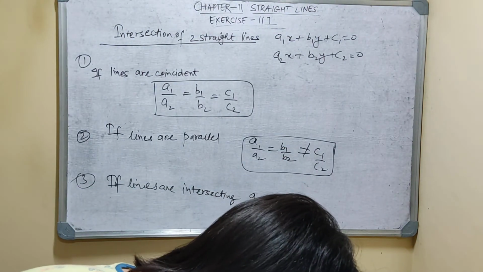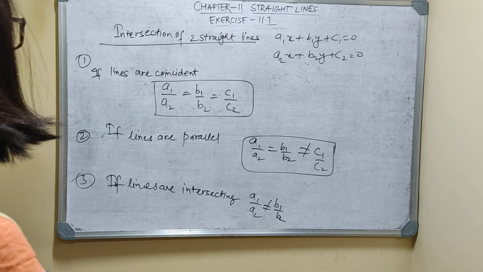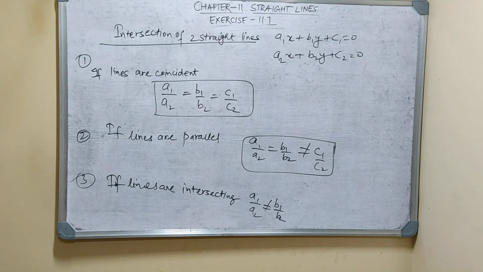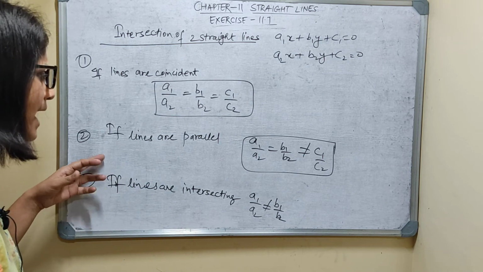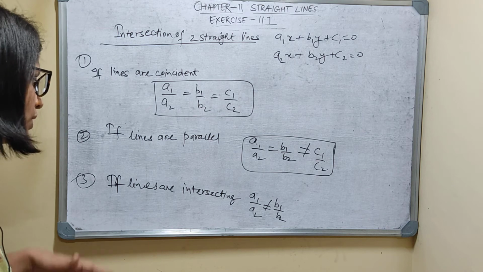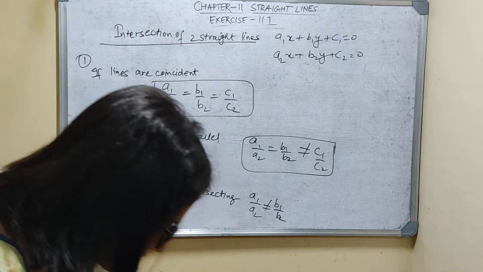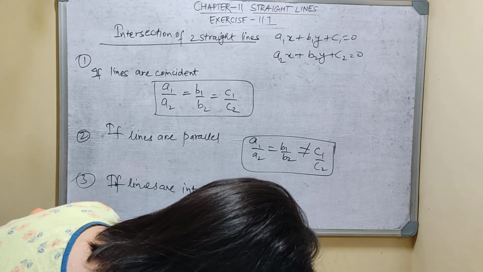Is it clear? If lines are coincident, a1 upon a2 is equal to b1 upon b2 is equal to c1 upon c2. If lines are parallel, then a1 upon a2 is equal to b1 upon b2 is not equal to c1 upon c2. And if lines are intersecting, then a1 upon a2 is not equal to b1 upon b2.